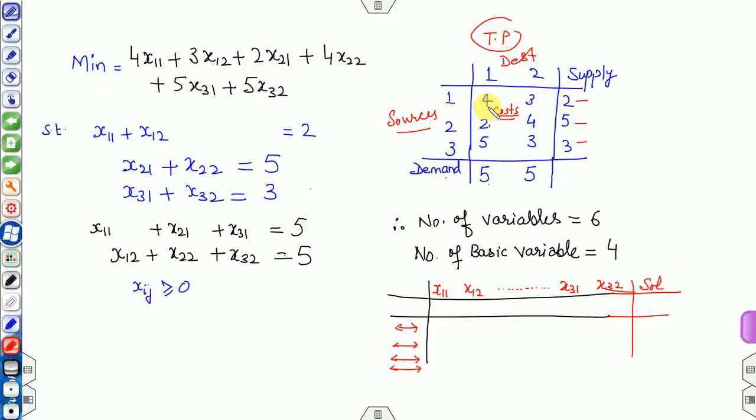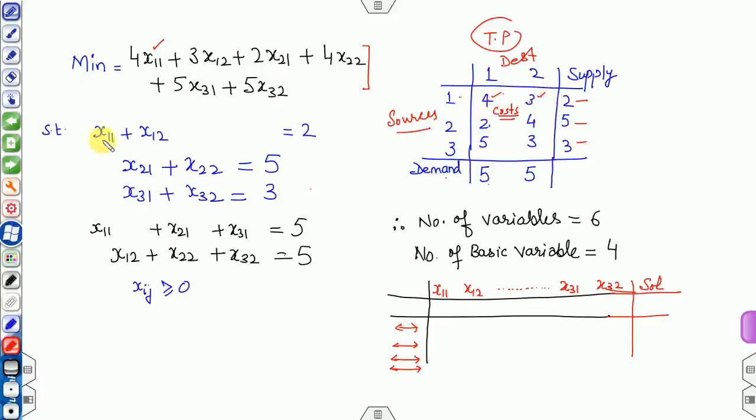C11 is 4, and the number of units we can transfer from 1 to 1 is x11, so 4x11 plus 3x12 plus this, so this is my objective function. What is the constraint? The supply of source 1 is 2, which can be split up either here or both of them.